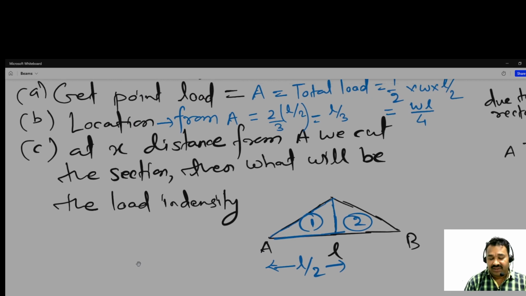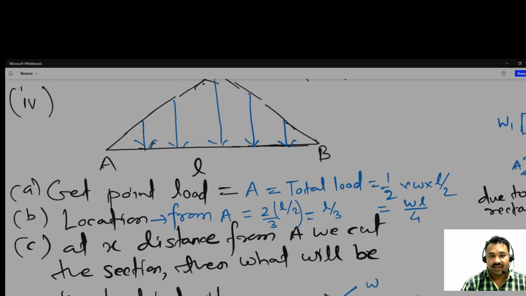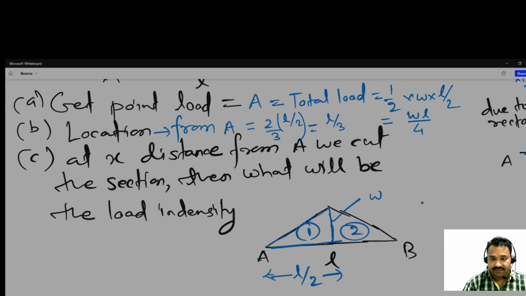And what about the intensity? This intensity is W and the unit here is Newton per meter.